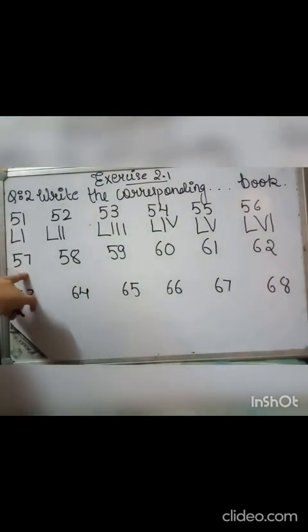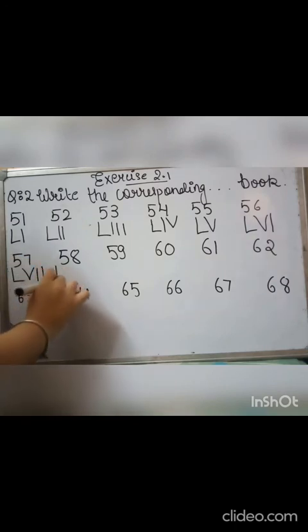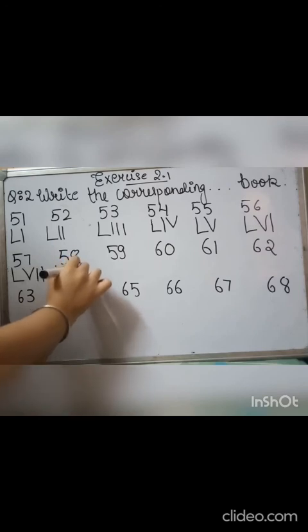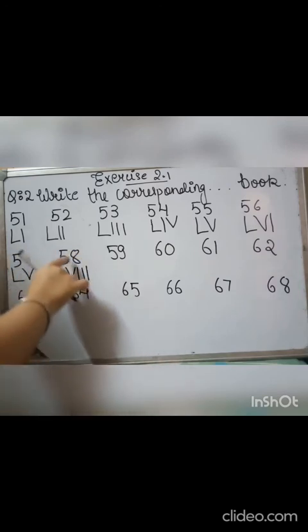Now we will write 57. So first L, and for writing 7 we will write 5, 6 and 7. Here 58. 50, 5, 6, 7, 8. This is 8. So 58.